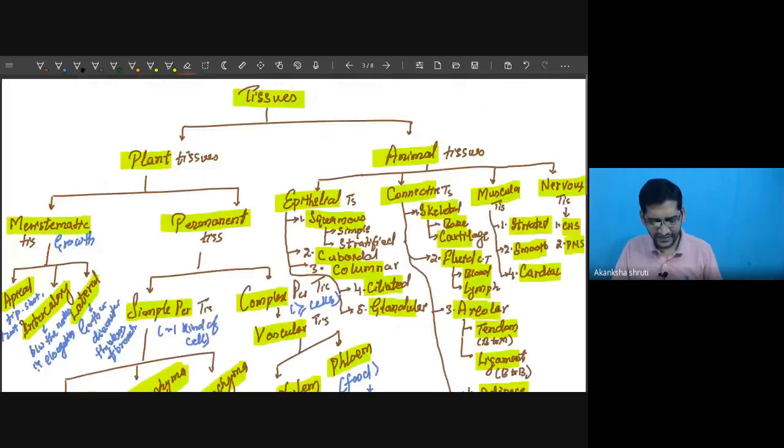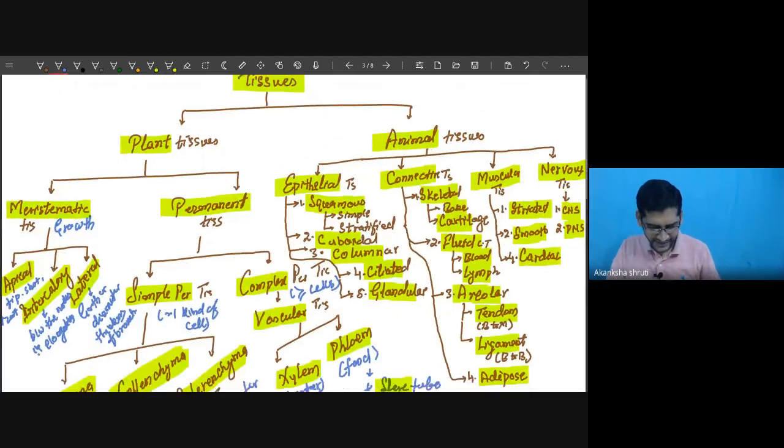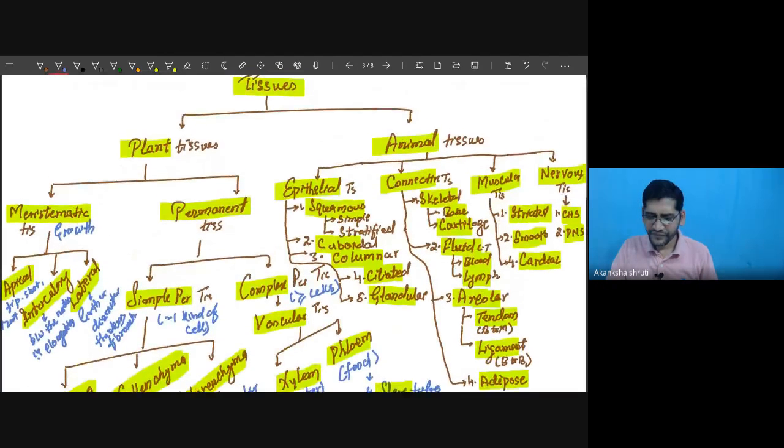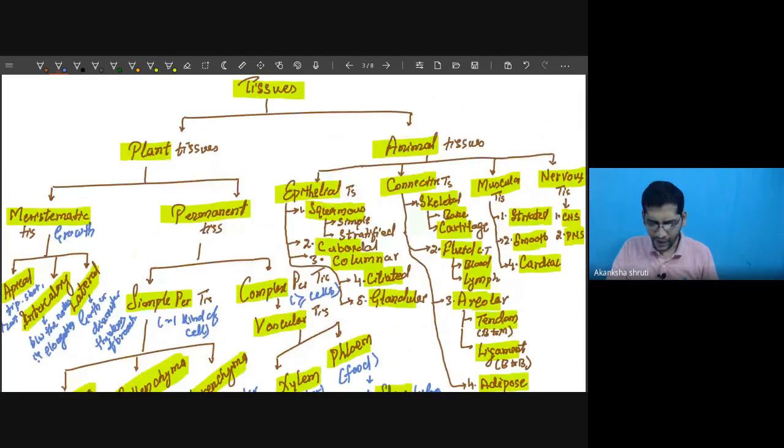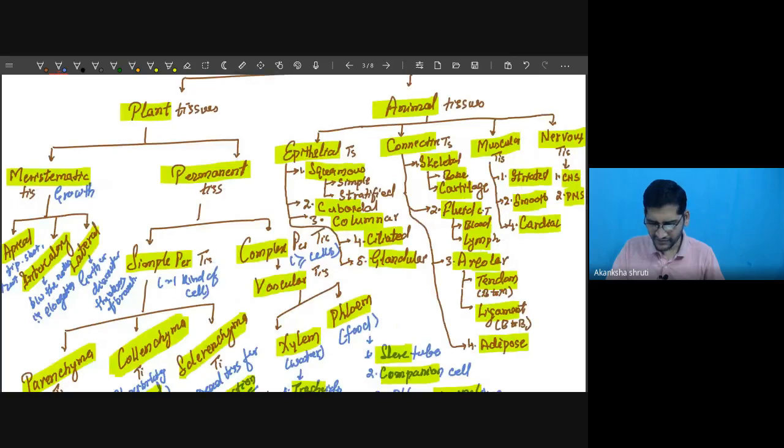We have learned that plant tissues may be the growing type or the non-growing type, permanent. Growing types are meristematic, permanent are simple or complex tissues.